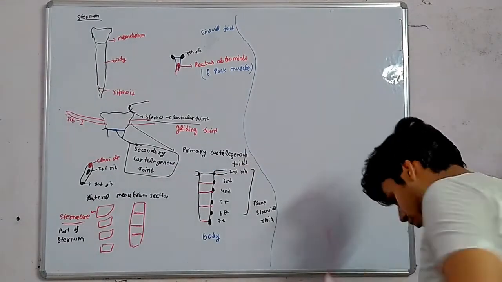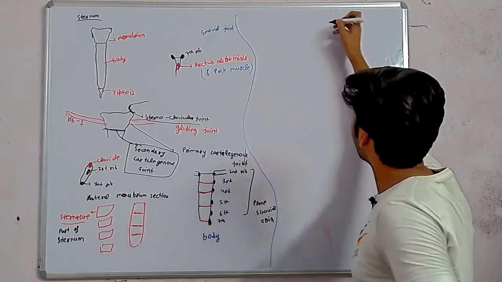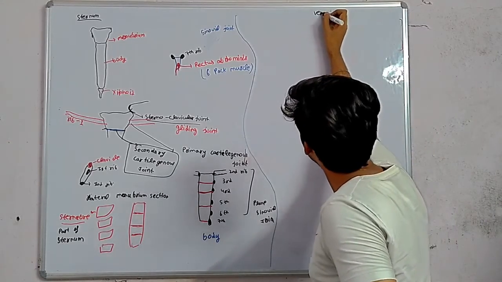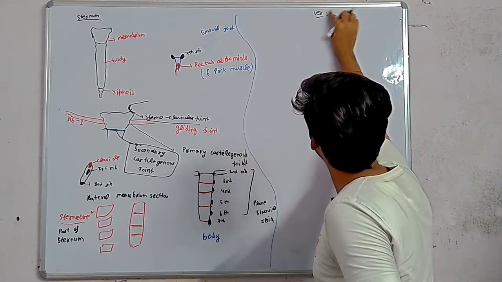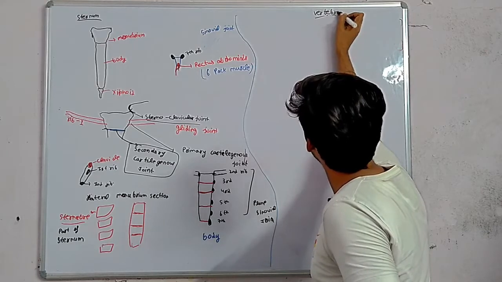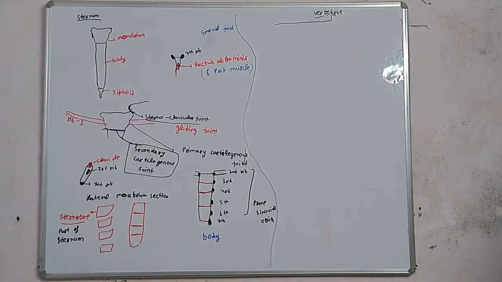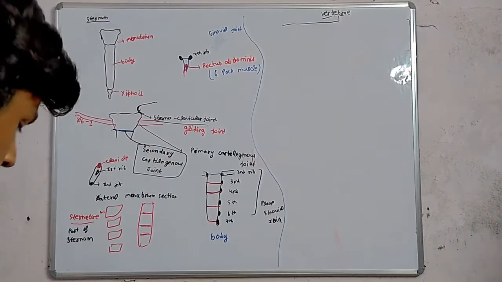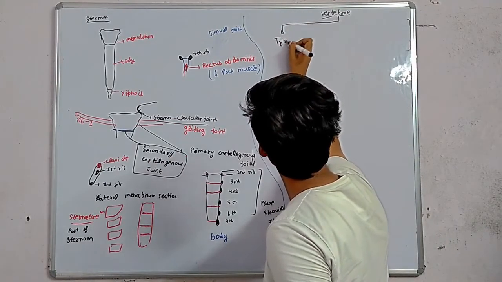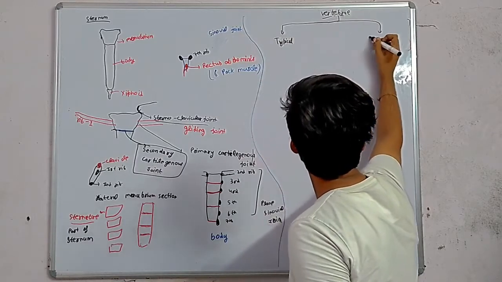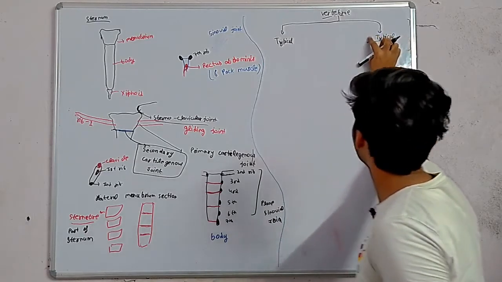Now we move to the thoracic vertebra. Vertebrae are of 2 types: typical and atypical.